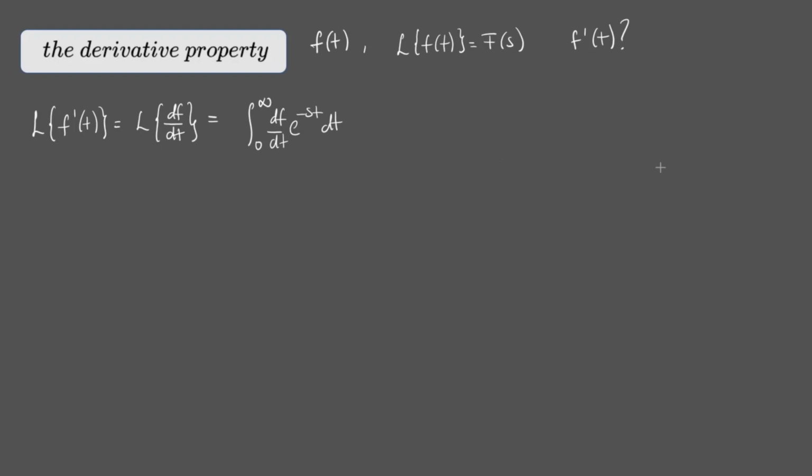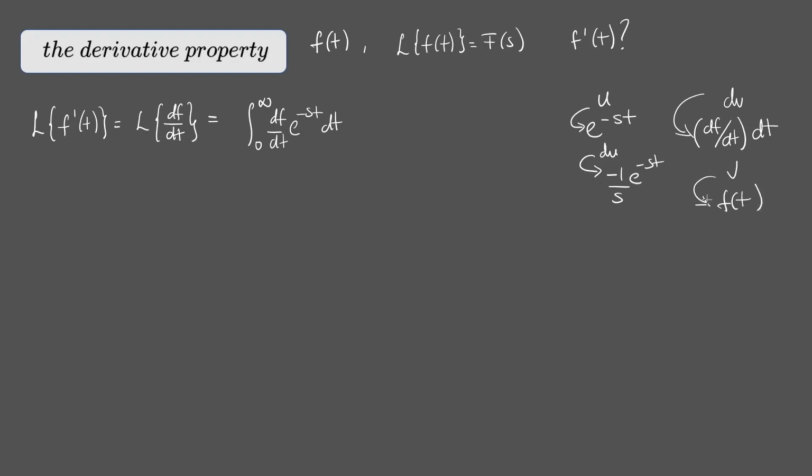Integration by parts. u is going to be e to the negative st. du is going to be differentiating that: negative s e to the negative st dt. dv is everything that's left, which is df/dt times dt, and then v is going to be the integration of the differentiation, which is the function, f as a function of time.